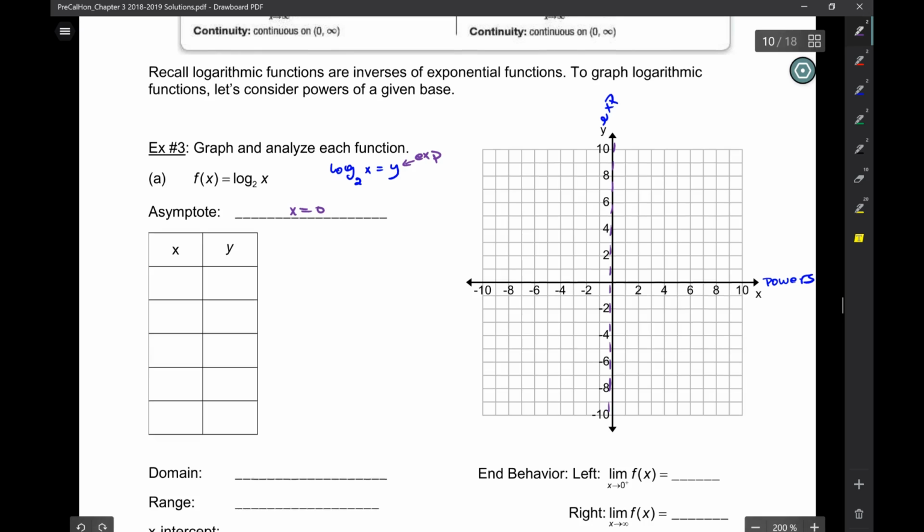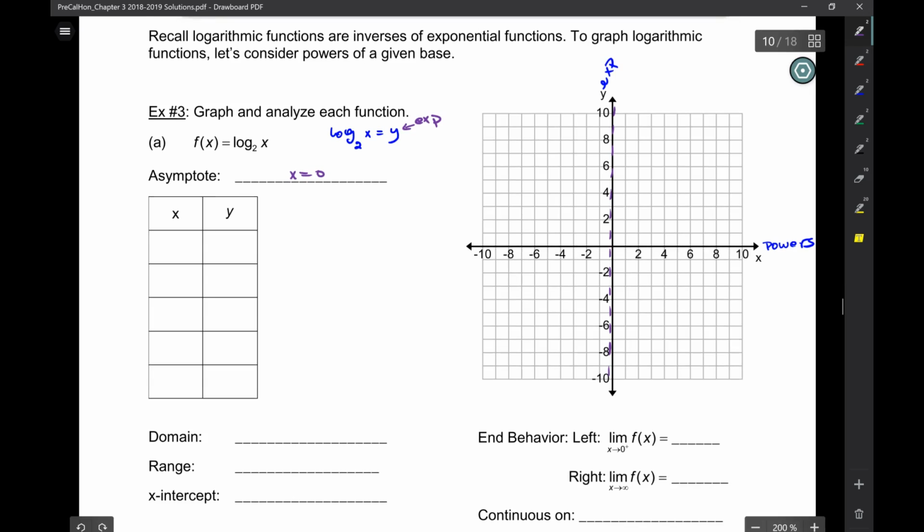So what we do here is we want the exponents in the y column. So the exponents, we're going to do -1, 0, 1, 2, 3. And these are going to be our powers, right? So here the base is 2. 2 to the -1 gives you 1/2. 2 to the 0, 1, right?